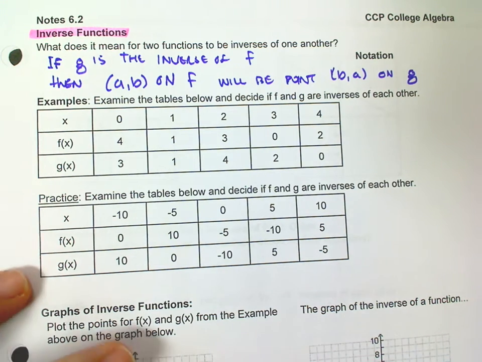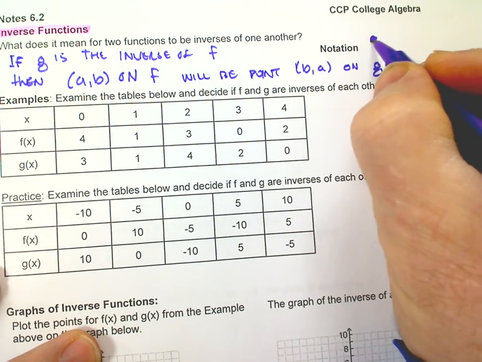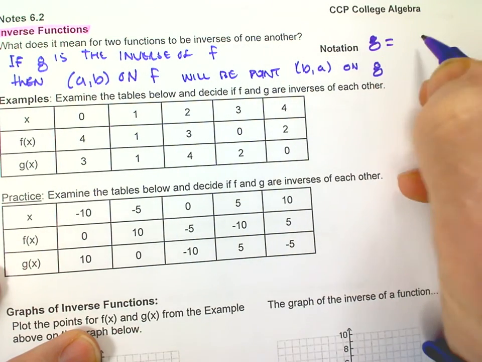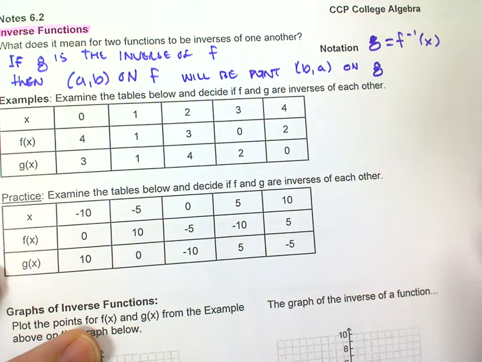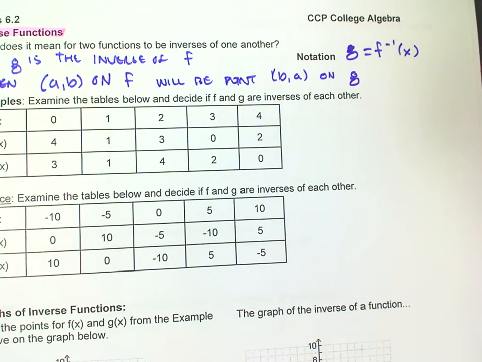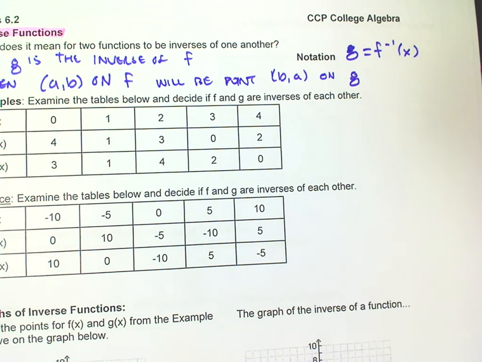And we have a notation for the inverse. If g is the inverse of f, then we say g is equal to f with a little -1 that appears to be an exponent, but this is not an exponent. Okay?